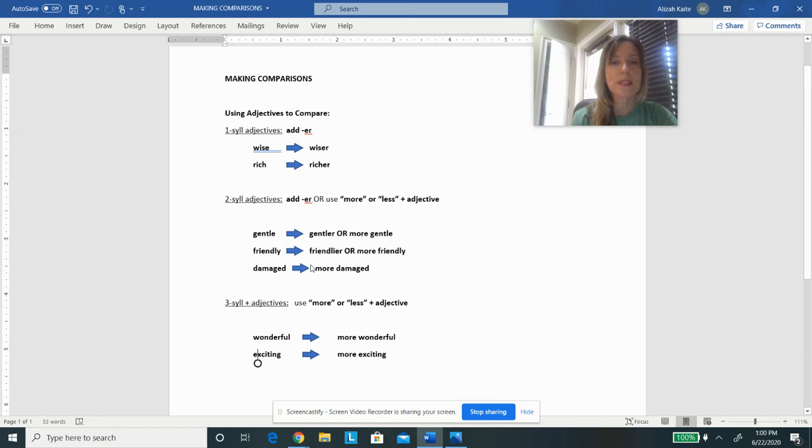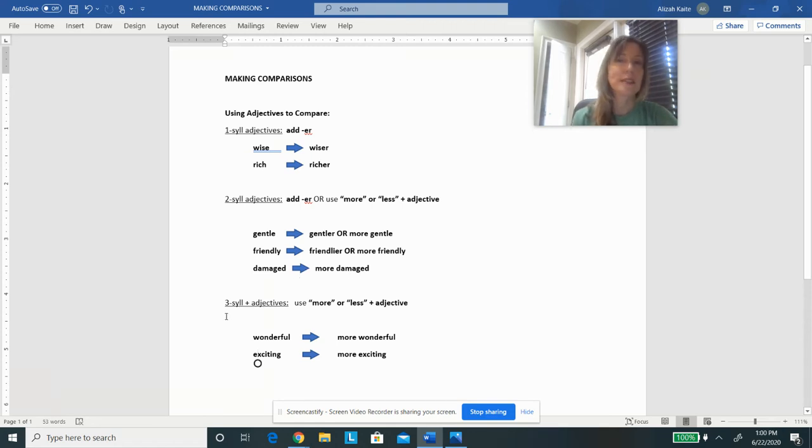But here are some examples. Gentle becomes gentler or more gentle. Friendly becomes friendlier or more friendly. Damaged, which is a past participle used as an adjective, becomes more damaged. No ER for this one.